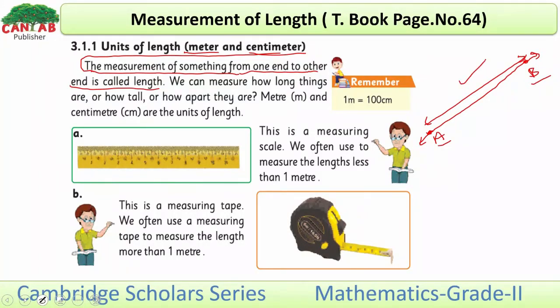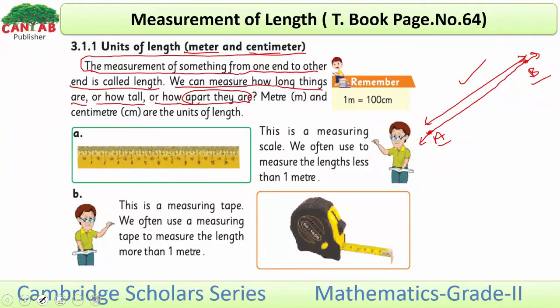That measurement is called length. We can measure how long things are, or how tall, or how apart they are. Apart means the distance between 2 points, or the distance between one end to another end.